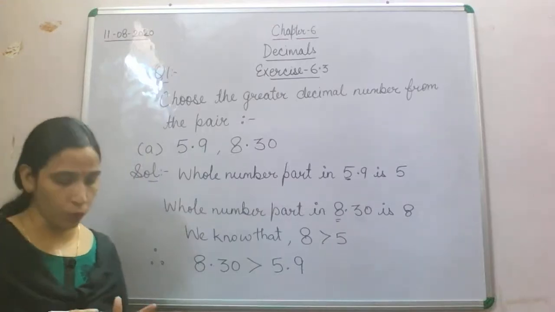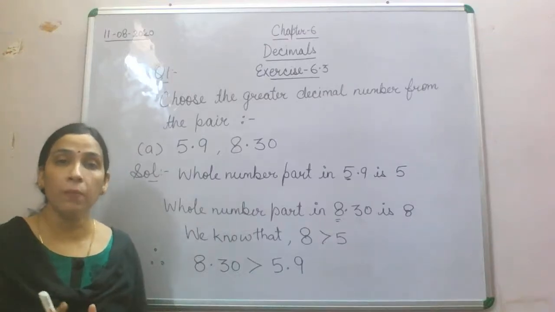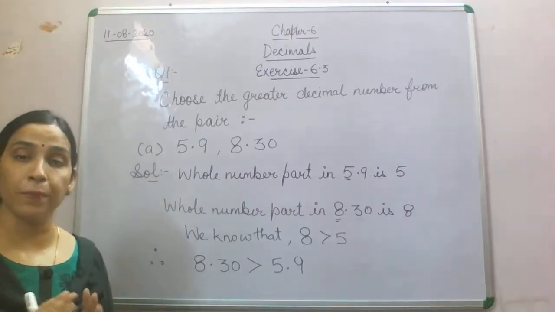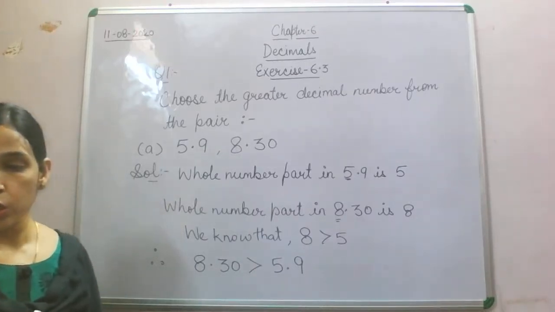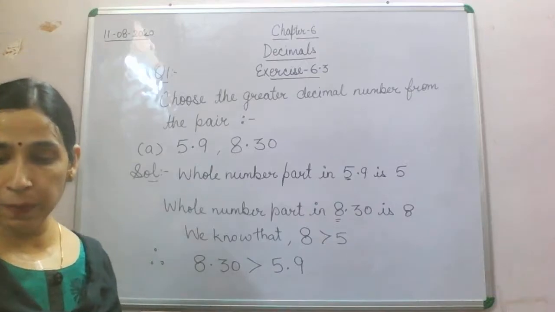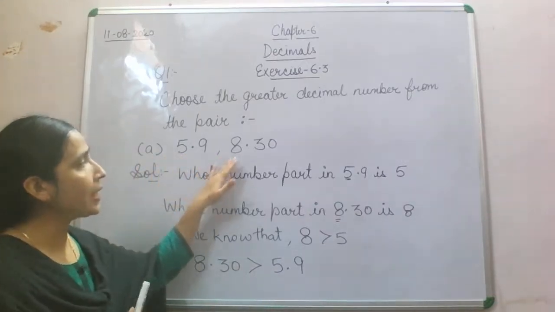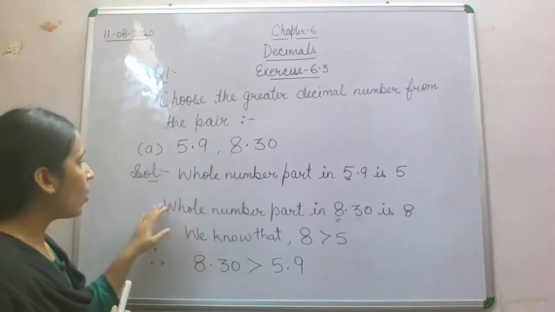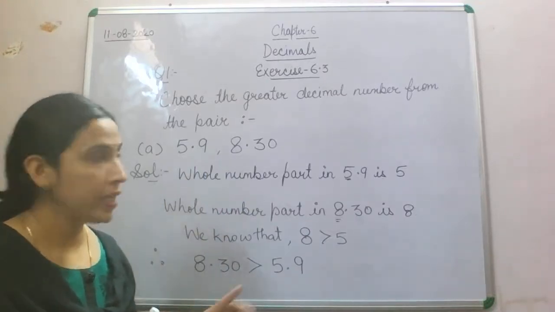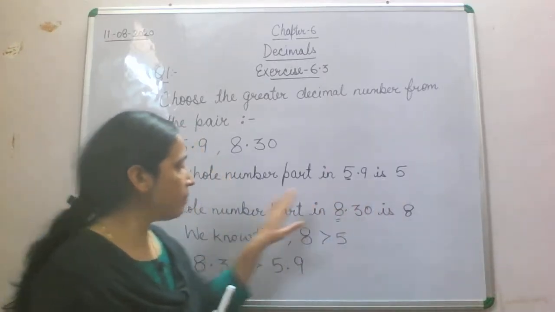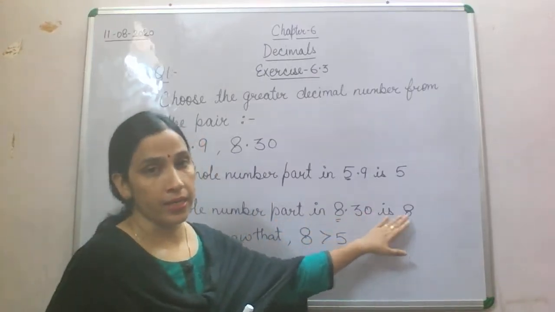Quite an easy concept. What have we done? We have compared the whole number part. If that whole number part is the same, then we are going to compare the decimal part. So let's see this A part once again. We have been given 5.9 and 8.30. The whole number part in 5.9 is 5. Similarly, the whole number part in 8.30 is 8.